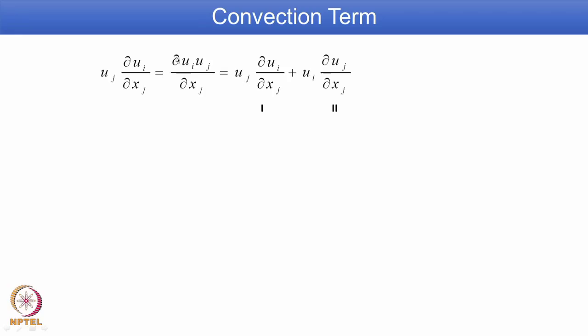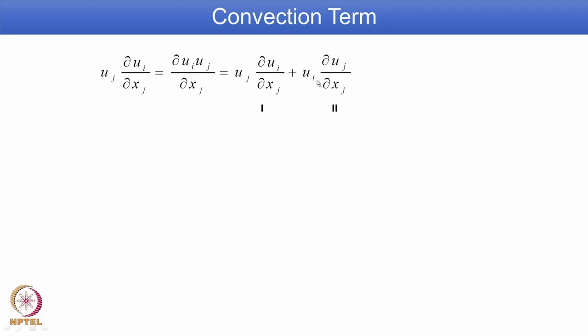So, you perform ∂/∂x_j on this variable u_i u_j, apply the product rule, then you get two different terms as shown here. If you look at this carefully, the first term is the actual convection term, u_j ∂u_i/∂x_j. That is exactly the convection term.